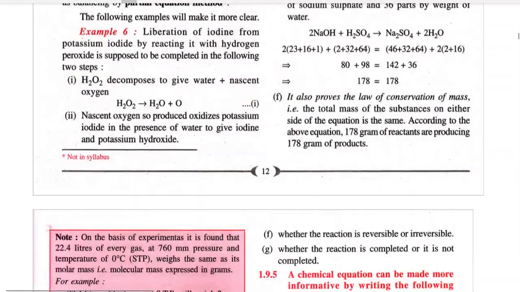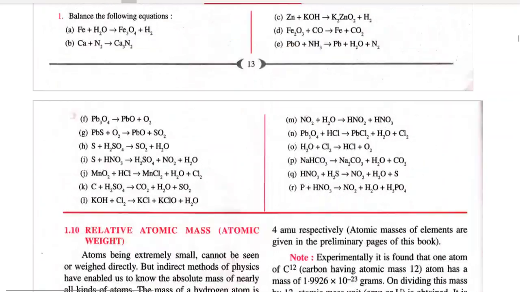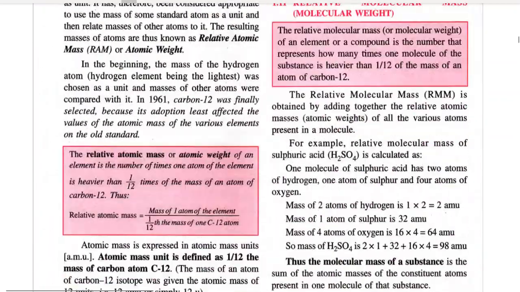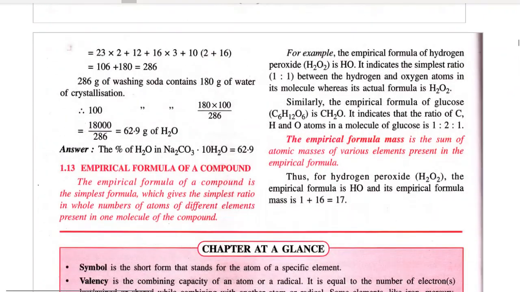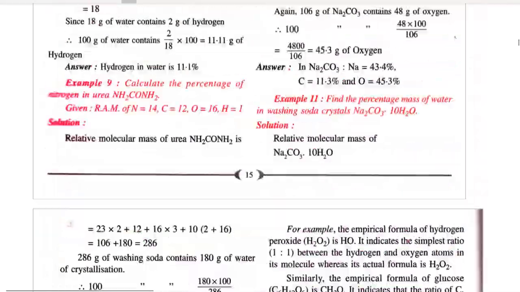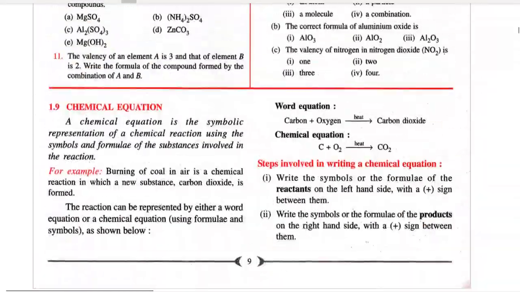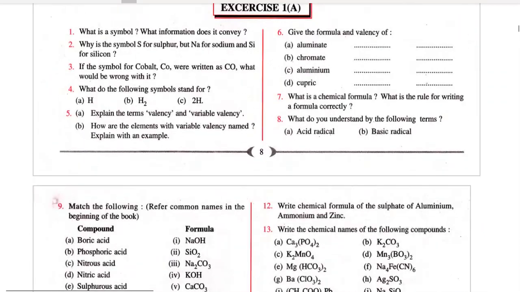These things we are going to do in the second part, and in the last part we have relative atomic mass, percentage composition, and empirical formula. We will study all these ahead, but for that you should be very well versed with the topics we have completed till now.